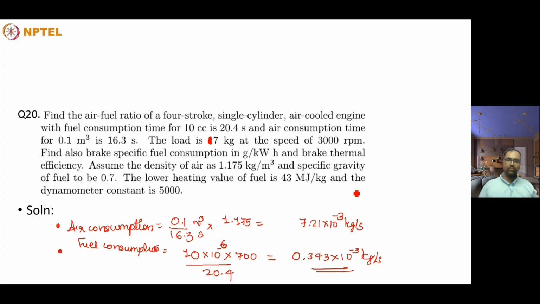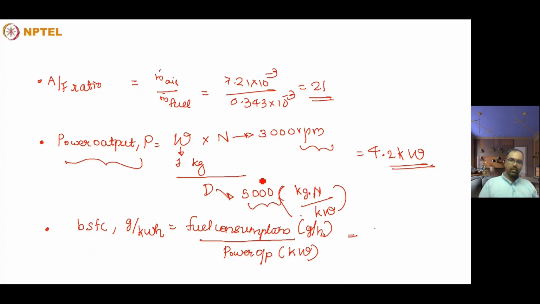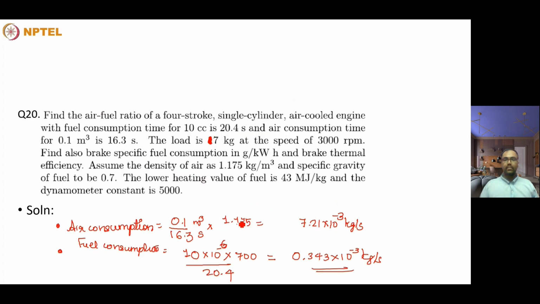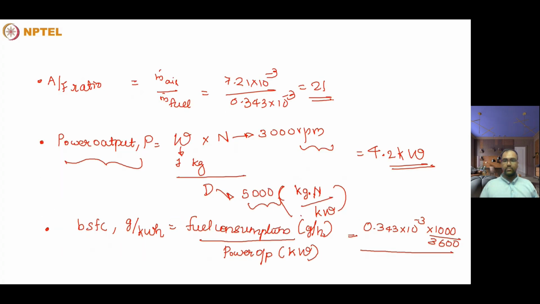We have calculated with 0.343 kilogram per second. So it will be around 0.343 into 10 power minus 3. This value was in terms of kilogram per second. We multiply it by 1000 to get gram, and since this value was in second, we multiply it by 3600.